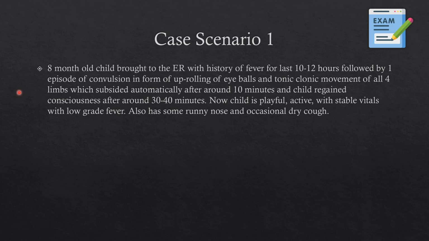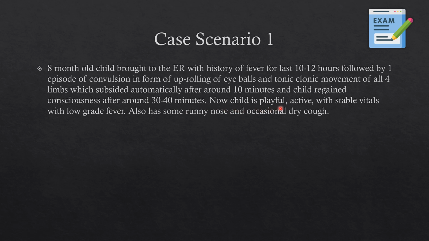So now we will see two case scenarios that we usually encounter in most of our OPD and IPD practice. Case scenario 1. An 8-month-old child is brought to the emergency room with a history of fever for the last 10 to 12 hours, followed by one episode of convulsion in the form of uprolling of eyeballs and tonic-clonic movement of all four limbs, which subsided automatically after around 10 minutes, and the child regained consciousness after around 30 to 40 minutes.